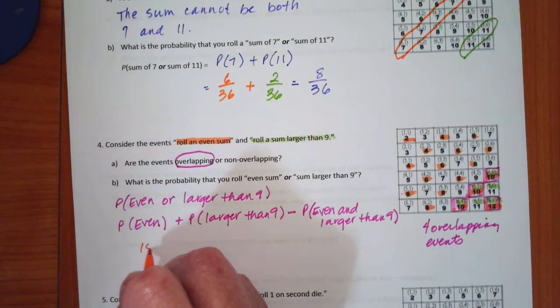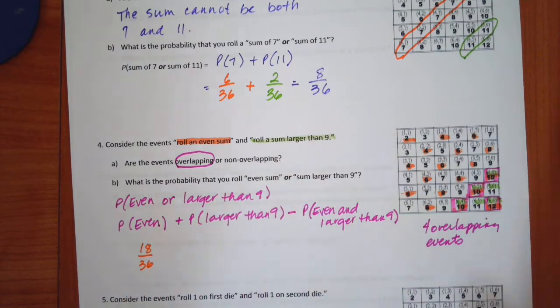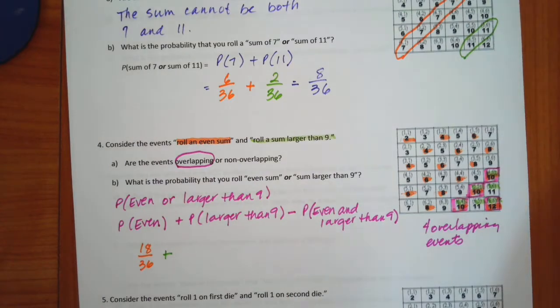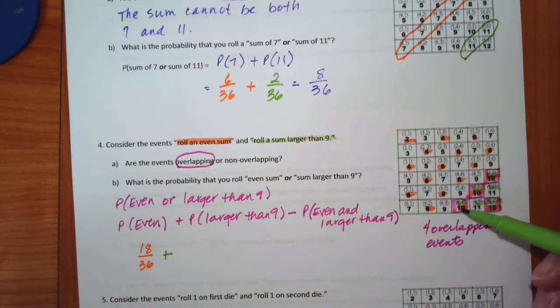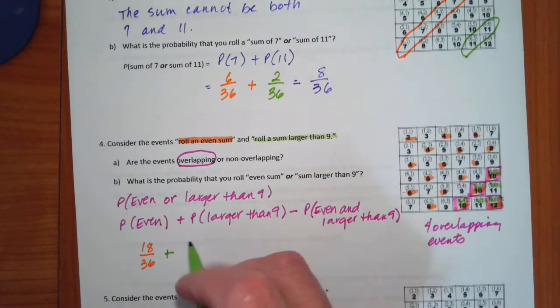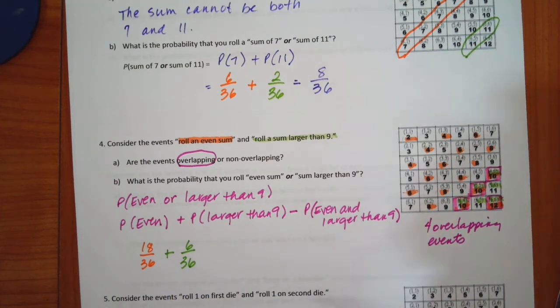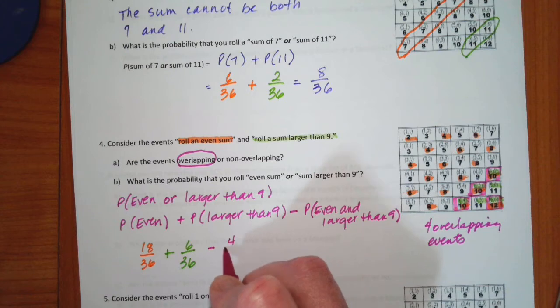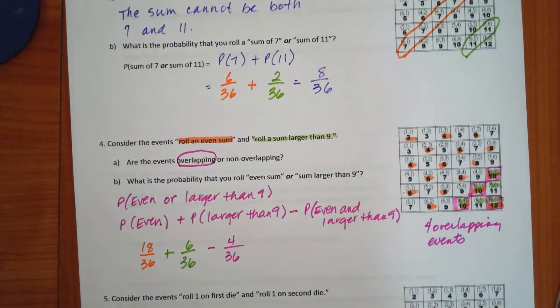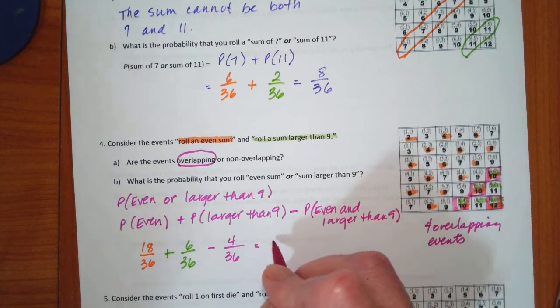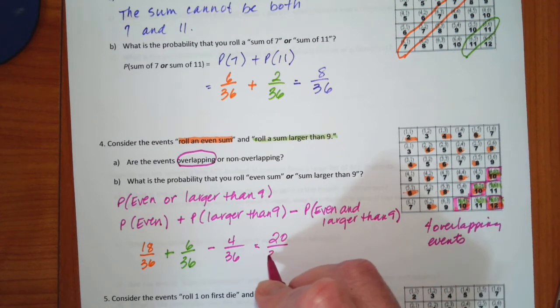So this is 18 out of 36. The larger than 9 is 1, 2, 3, 4, 5, 6 out of 36 possible outcomes. And then I have to subtract the 4 out of 36 overlapping events. And what that gives me is 20 out of 36.